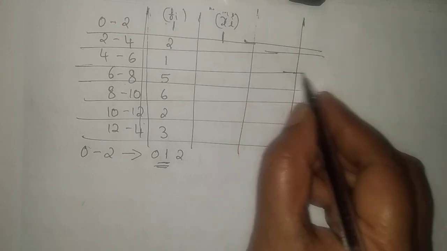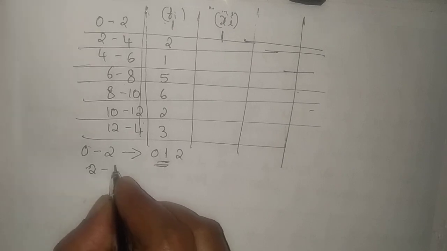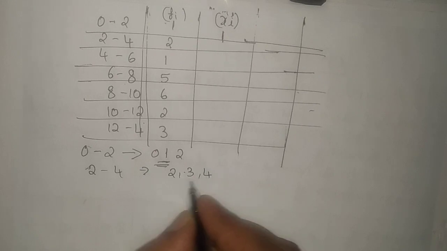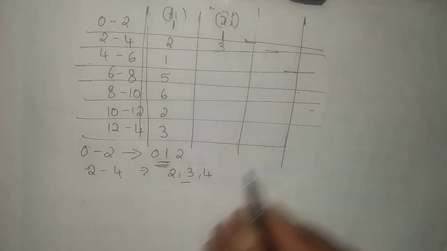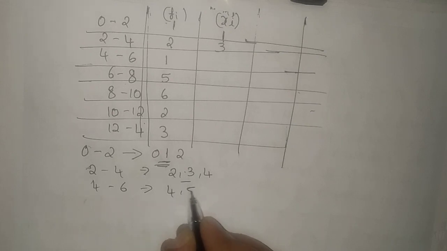So this is the rough table. After this, the same thing for the next one, that is 2 to 4: 2, 3 and 4. Write down 3. Similarly 4 to 6 is 4, 5, 6.